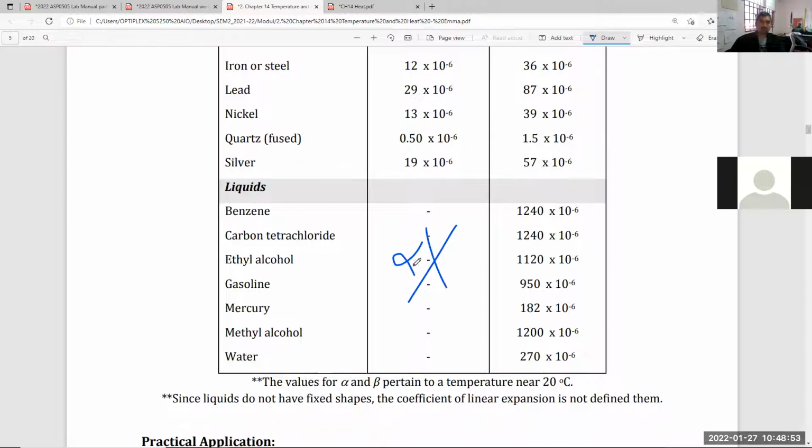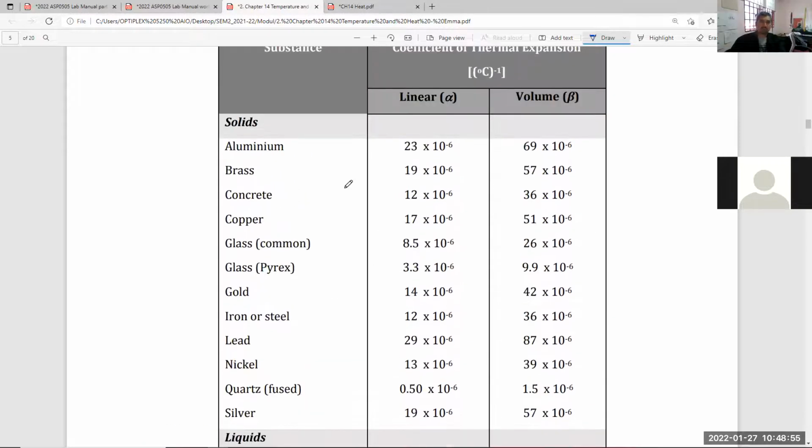But for solid, we have both linear and volume expansion, since a solid can expand in three dimensions. We can prove from our analysis that this beta is equal to 3 alpha.